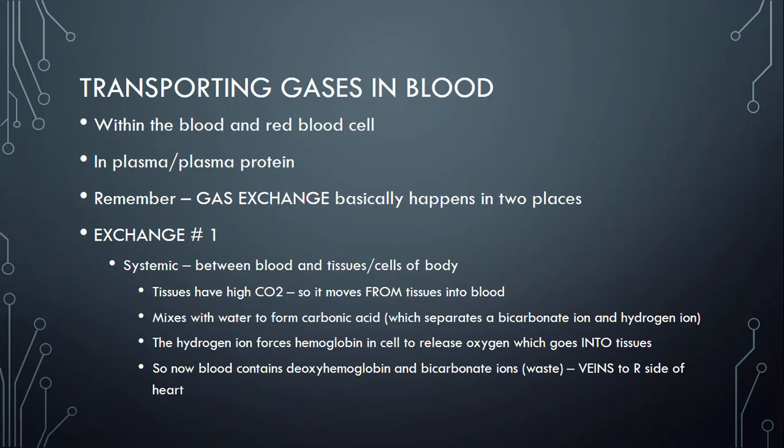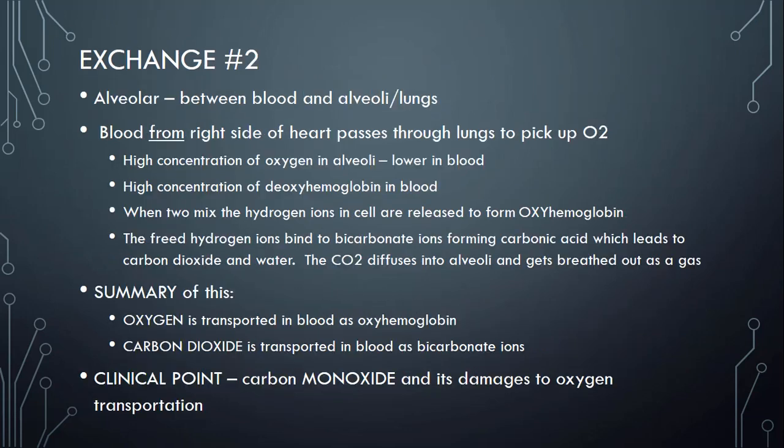The second area of exchange happens in the lungs themselves, between the alveoli and the blood. So the blood from the right side, now it's got all this waste product in it, goes up through the right side of the heart, completely in the atrium and the ventricle. It then gets pumped out by that muscle through to the lungs, where it picks up oxygen.